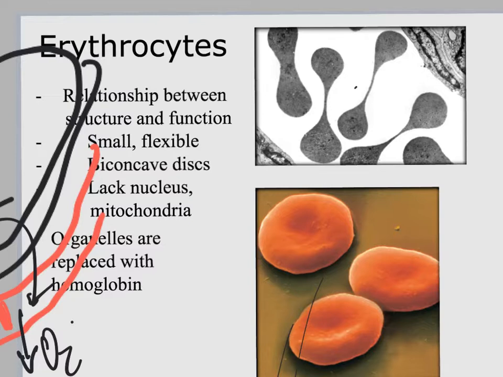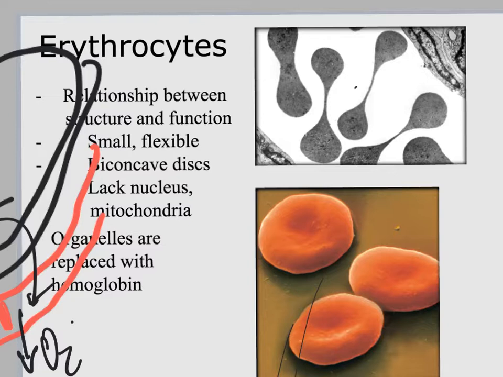Let's do this. Get that out of the way. There we go. Okay? And with that structure relationship, so we have this high surface area to volume ratio. Let's write that down. Okay, we also have basically an ejection of organelles, no nuclei, no mitochondria, right?